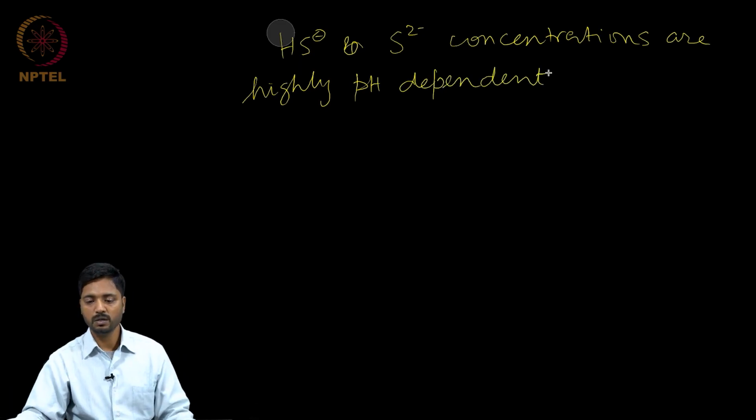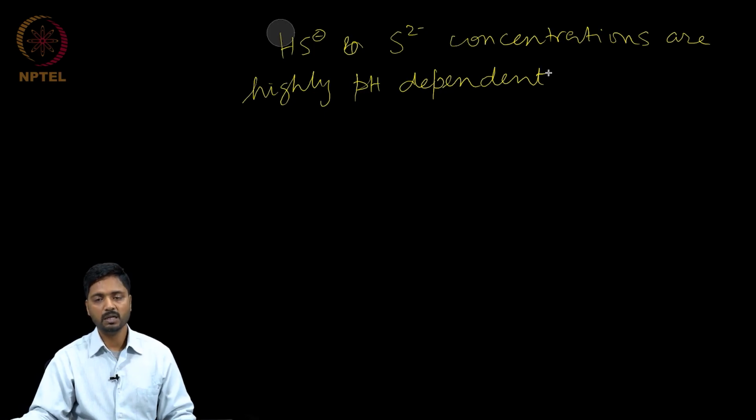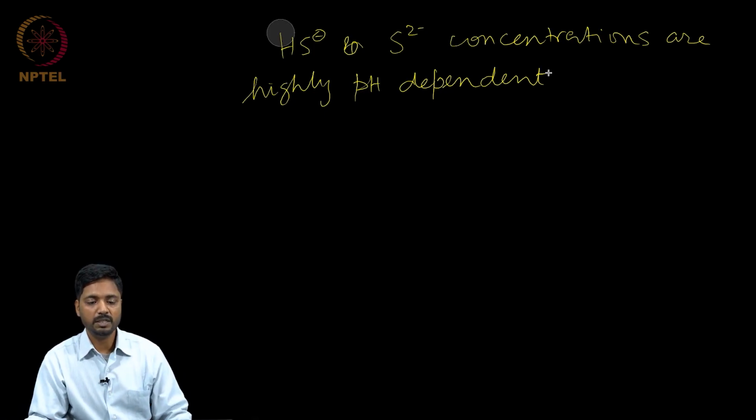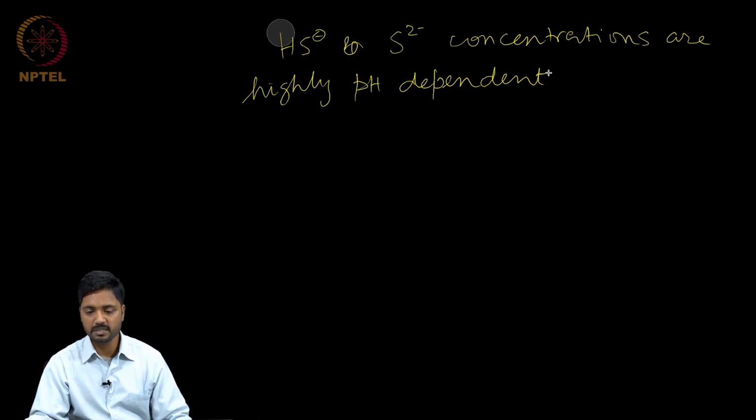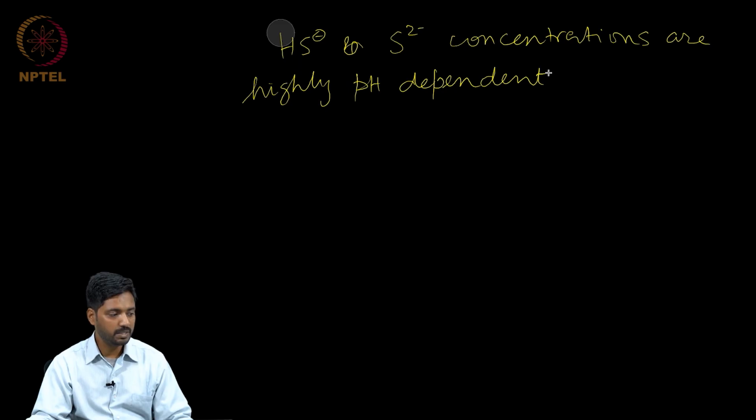So, based on the pH of the medium, the concentration of these two can be precisely controlled, and this is actually what is being exploited when we are undertaking precipitation of metal ions using H2S gas as a precipitating agent. So, you can keep this in mind when you are undertaking your chemical analysis using H2S gas.